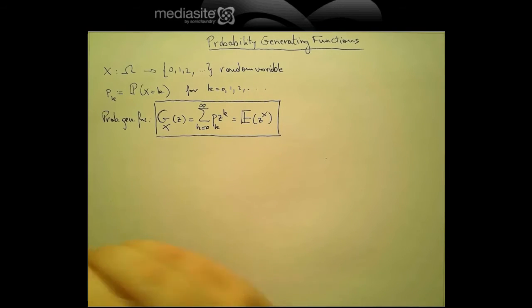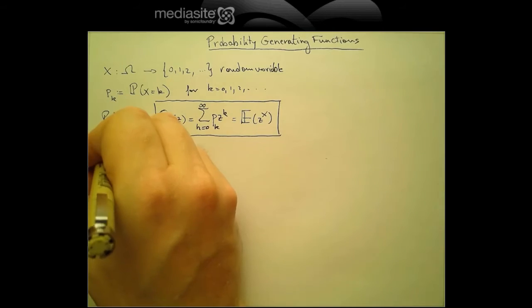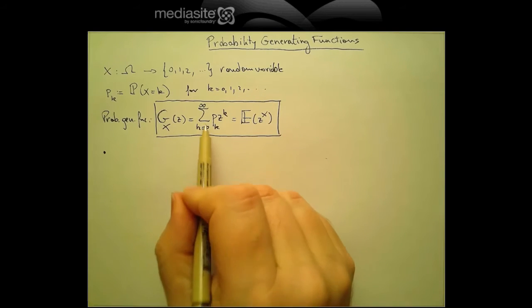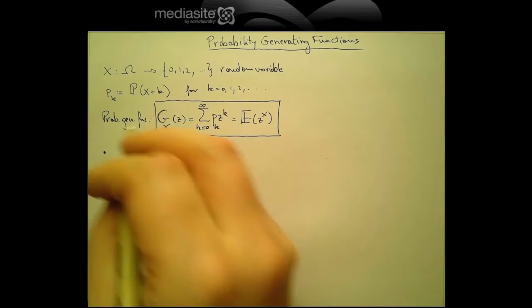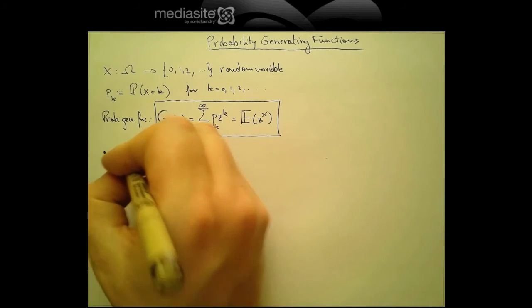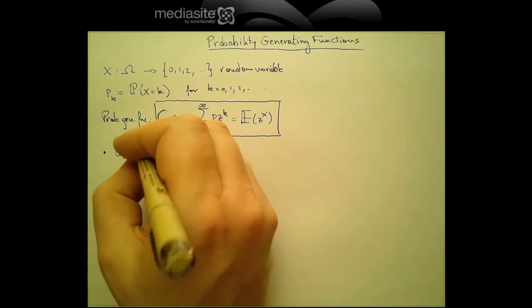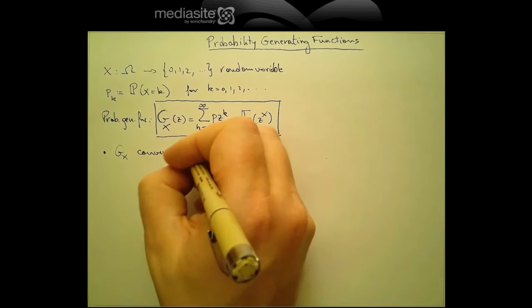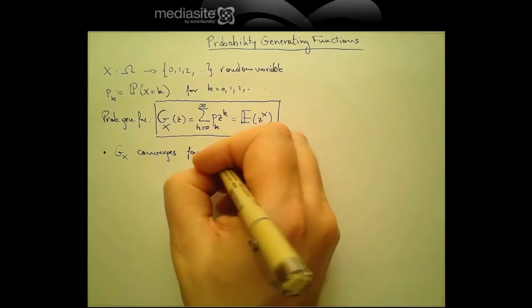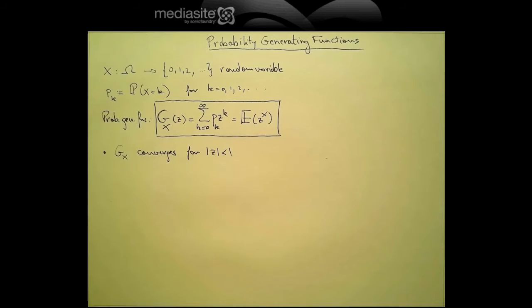Now, these have several nice properties. For instance, being an infinite series, you might worry about when does it converge. g_X always converges for absolute value of z less than 1.